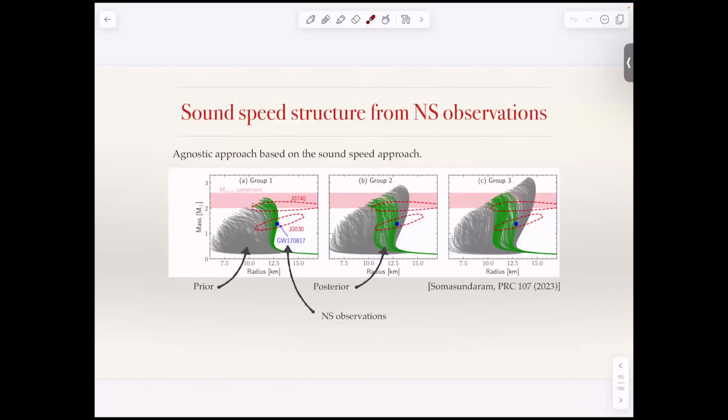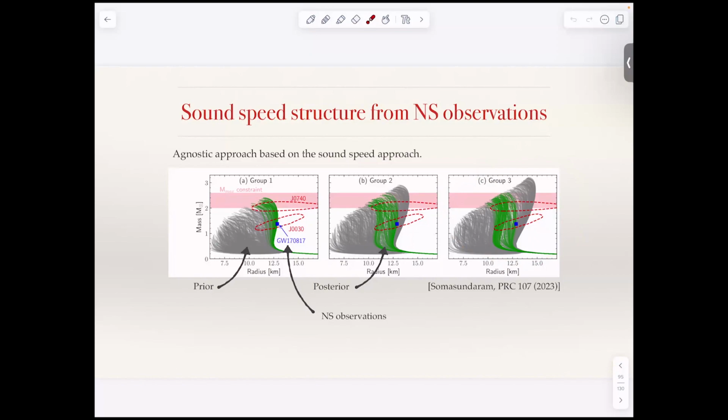But for instance, let's look at this group. All equations of state that predict a radius which is larger than this prediction are rejected. Okay, it is not green. It is gray.